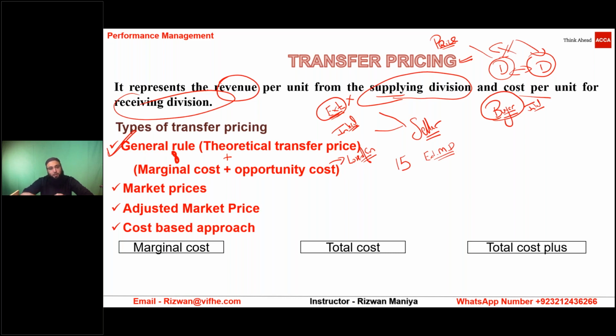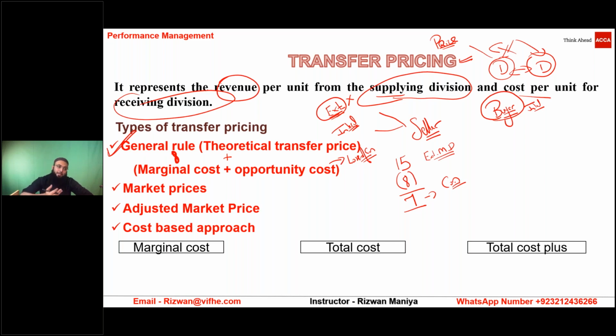I could have sold this for 15 in the market, and it costs me $8 in terms of my marginal cost or variable cost. So what I earn is $7. Each unit that I sell in the market, I can earn 7.